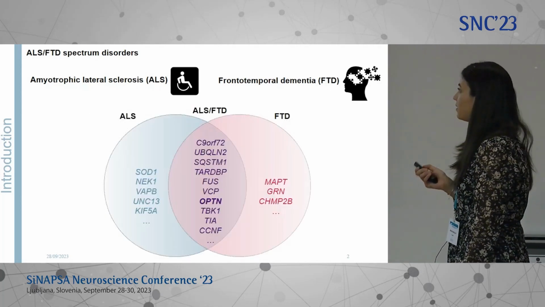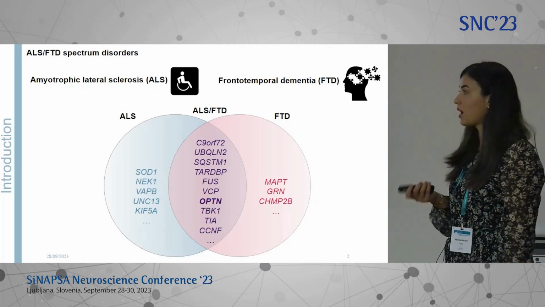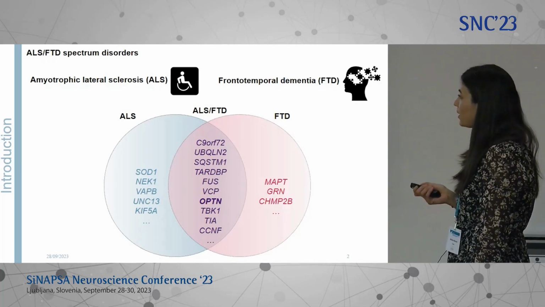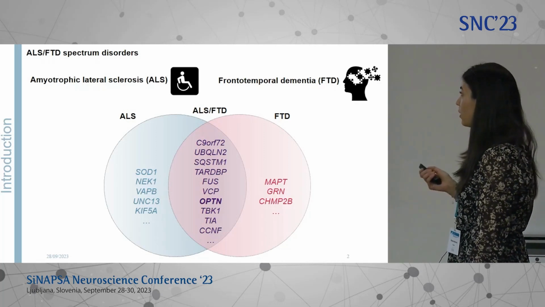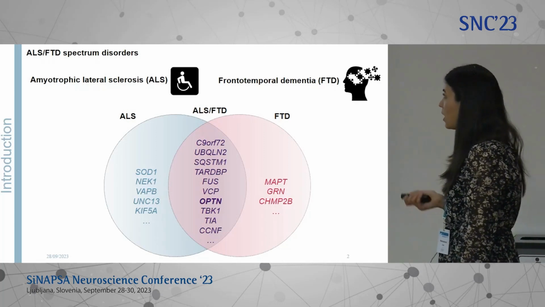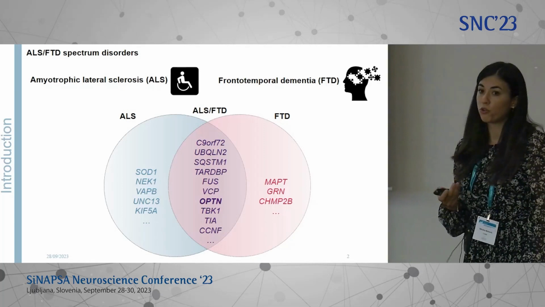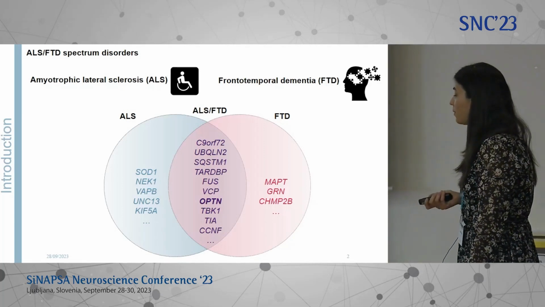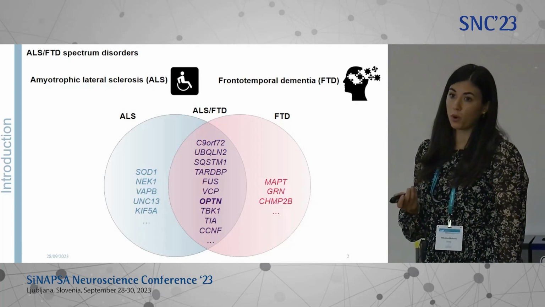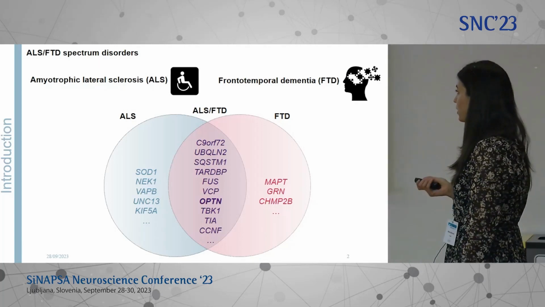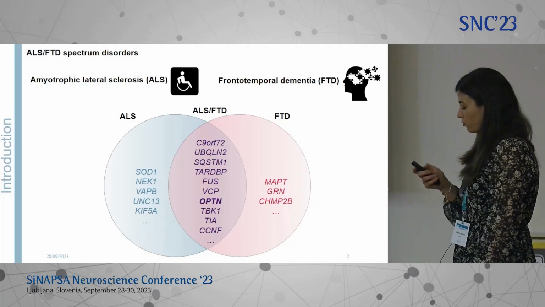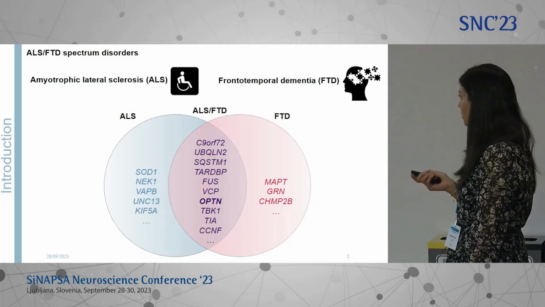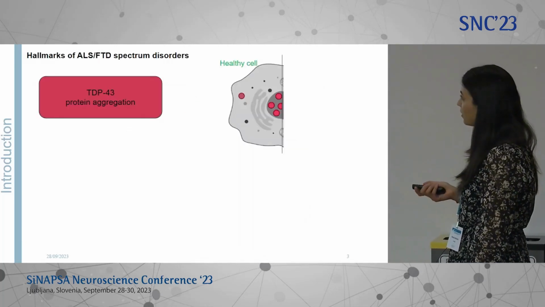Both of these diseases are characterized by high genetic heterogeneity, with some genes mutated only in ALS or FTD, but as you can see here, most of the genes are found mutated in both ALS and FTD, meaning that genetic overlap exists between these conditions. One of them is also optineurin, that I will explain a bit later.